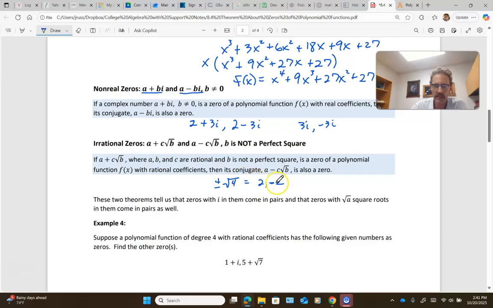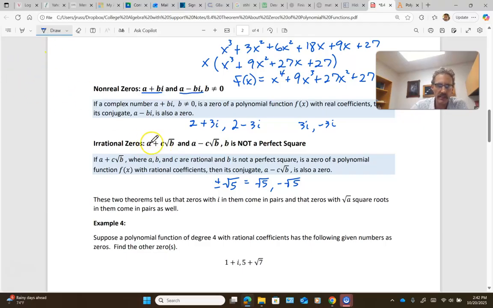So in an instance like this, the a part would be missing, the c would just be an understood 1, and then b would be, oh well, this is not irrational. Let me change that 4 to a 5. And you'd have positive square root of 5 and negative square root of 5.